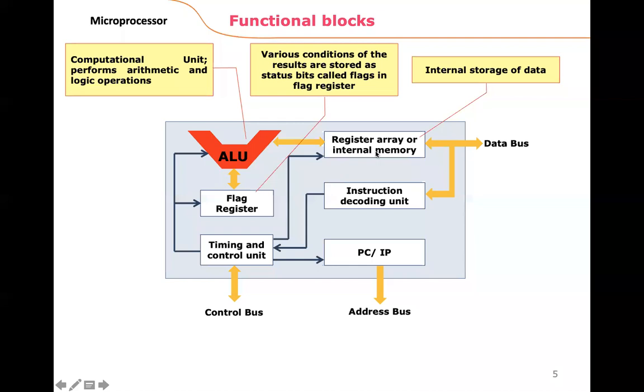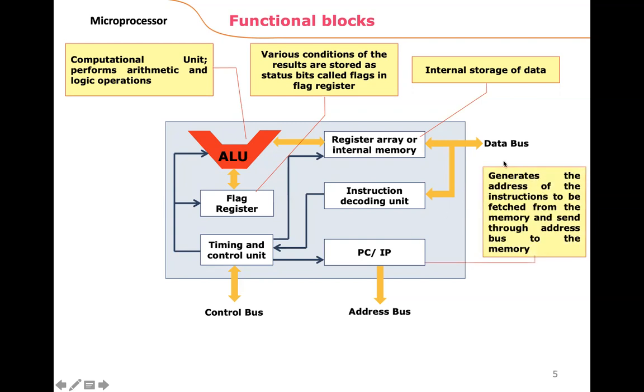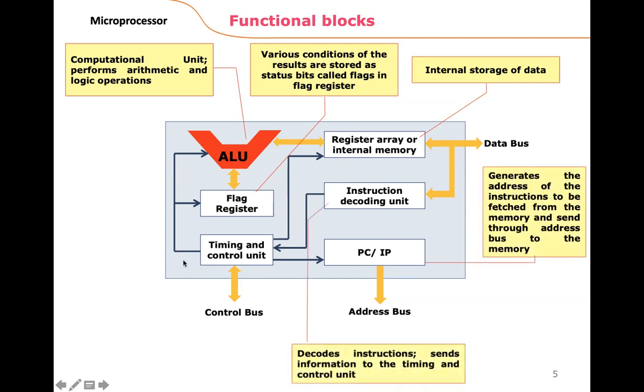This is the register array and internal memory, and then the data is decoded by the instruction decoding unit. And this is the PC and IP: PC means program counter, and IP means instruction pointer. These declare this whole part.